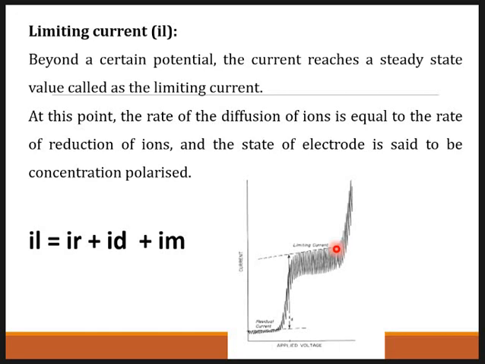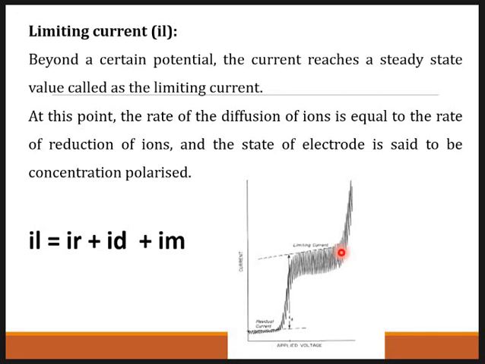Here the current is limited by the rate of transport of the reducible cation to the electrode. The rate of the reduction process and the rate of transport of ions to the electrode become equal, and then the current is limited. That is, once all the ions get reduced, the current becomes almost constant.